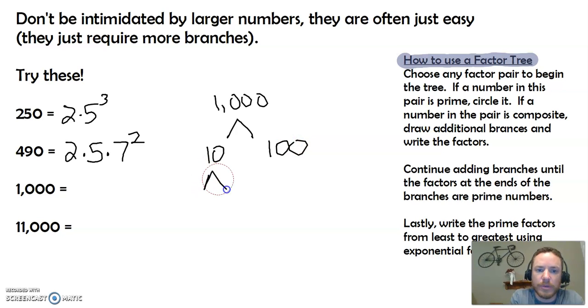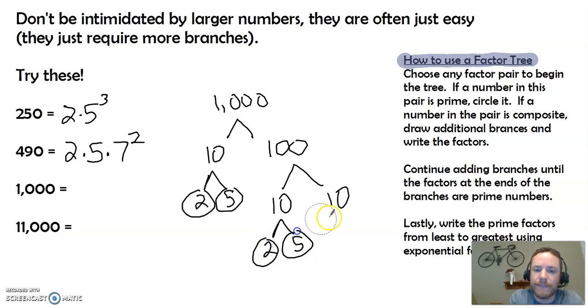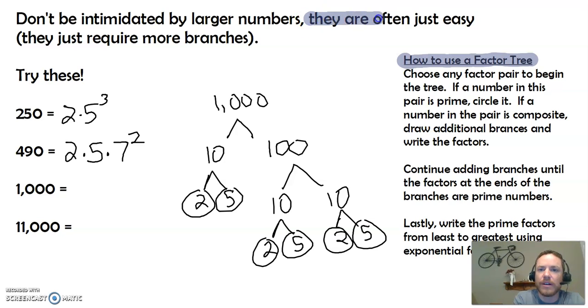And 10 we've done a couple times. That's just 2 times 5, and both of those are prime. And 100 would be 10 times 10. And I just did a 10, which is 2 times 5. And another one is another 2 times 5. They are often just as easy, they just require more branches.